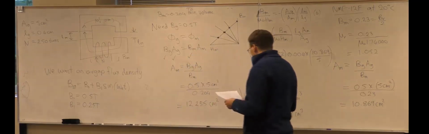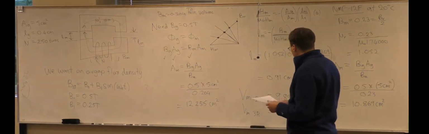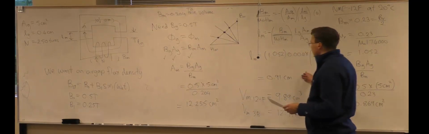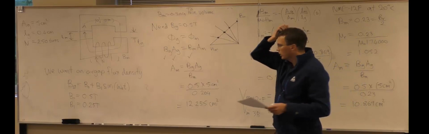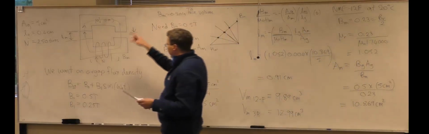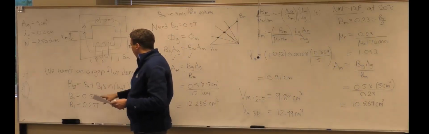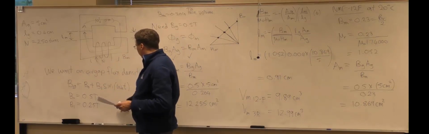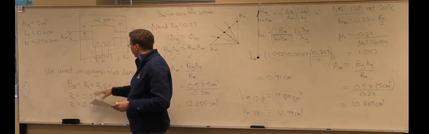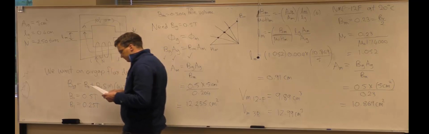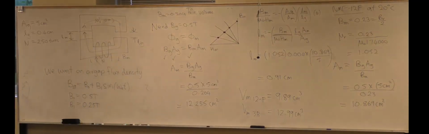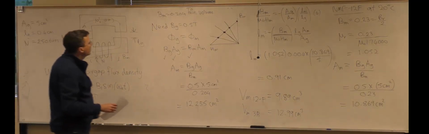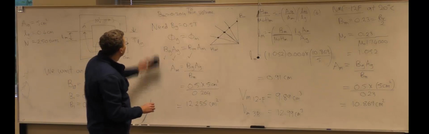Okay, so that gives us the dimensions for the magnet, and so now the second question is, what current should we use to give this 0.25 Tesla variation? So that's the last bit. Right. So now, let me erase this.